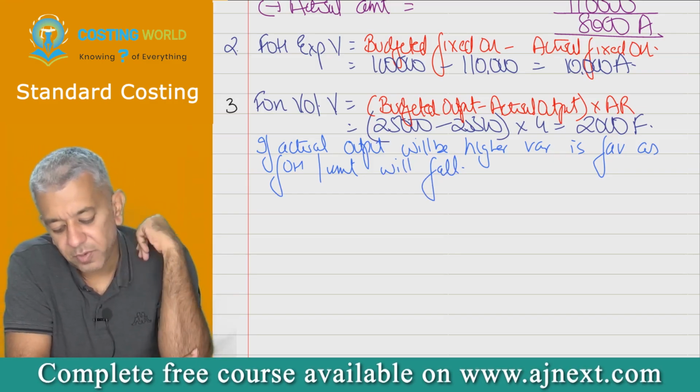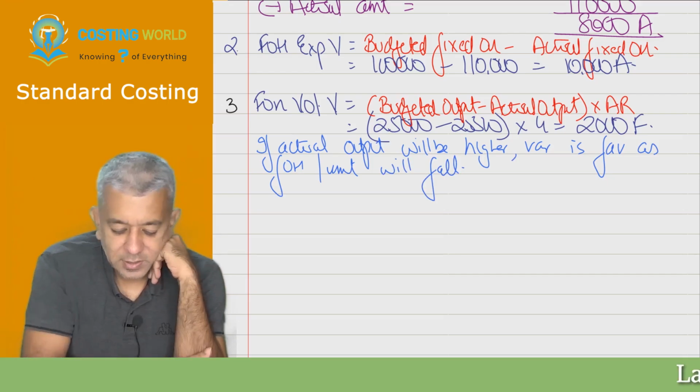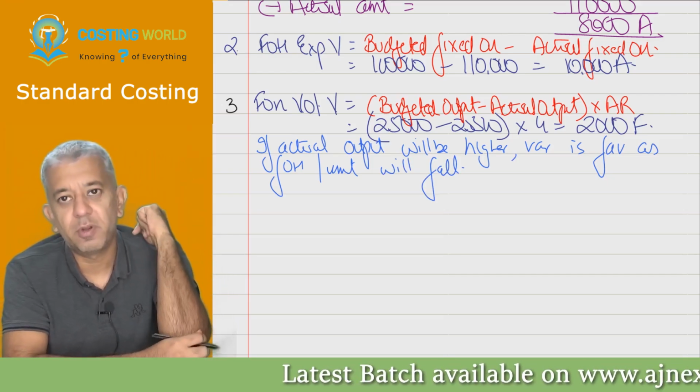If actual output will be higher, comma, variance is favorable as fixed overheads per unit will fall.